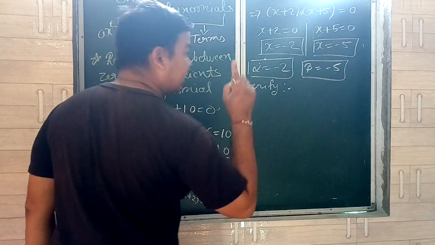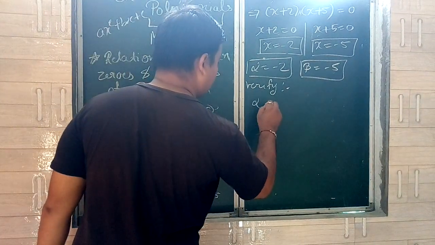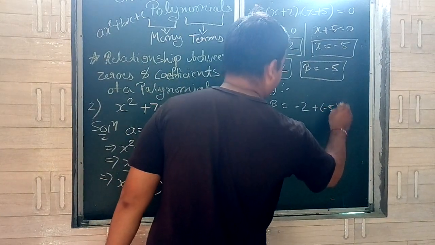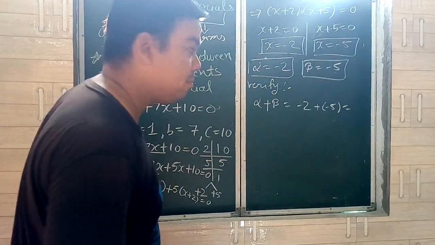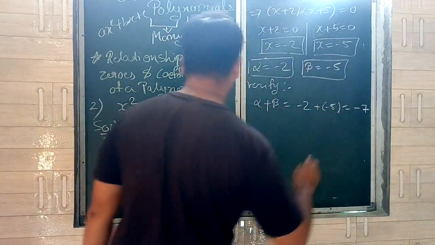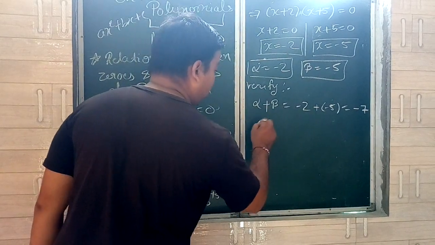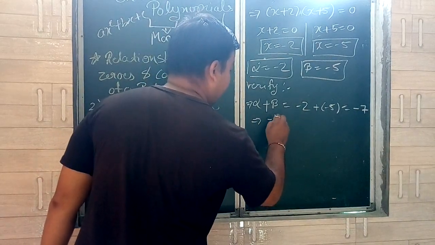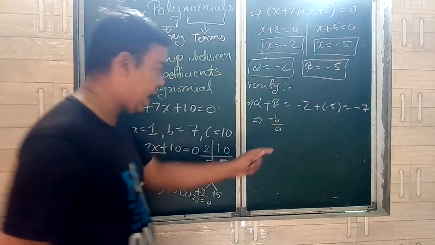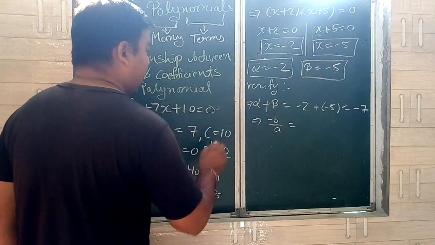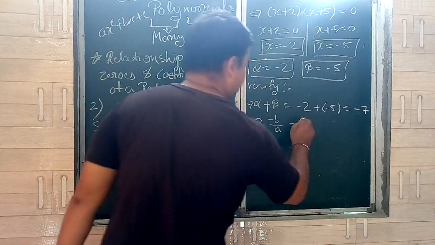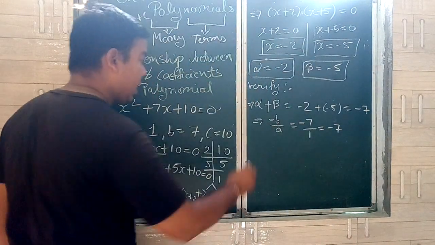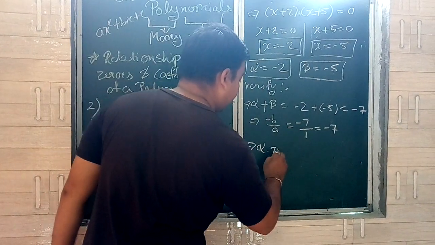First, the sum of the zeros: alpha plus beta, minus 2 plus minus 5, minus 2 minus 5, is minus 7. And alpha plus beta is equal to minus b by a, which is minus 7 by 1, so the answer is minus 7. Same.